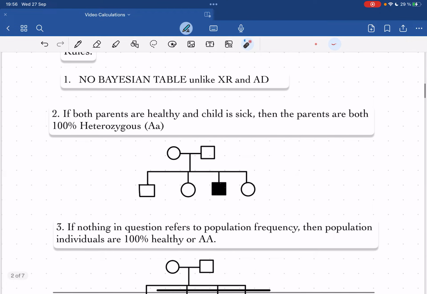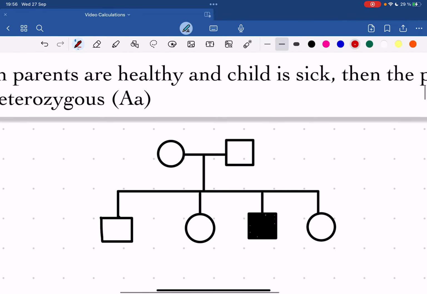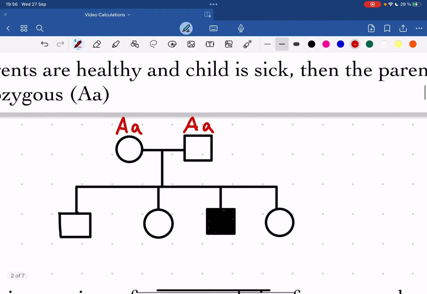Next part. If both parents are healthy and a child is sick, then the parents are both 100% heterozygous, okay? Why? Because in order for this child to be sick, they need to have this type of phenotype, and that means that one of these alleles has to come from the father and another one from the mother.